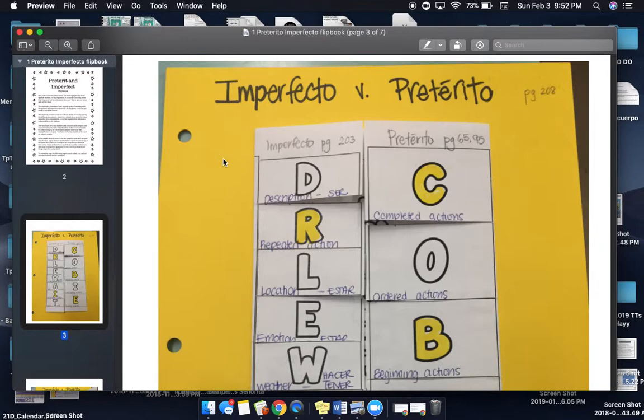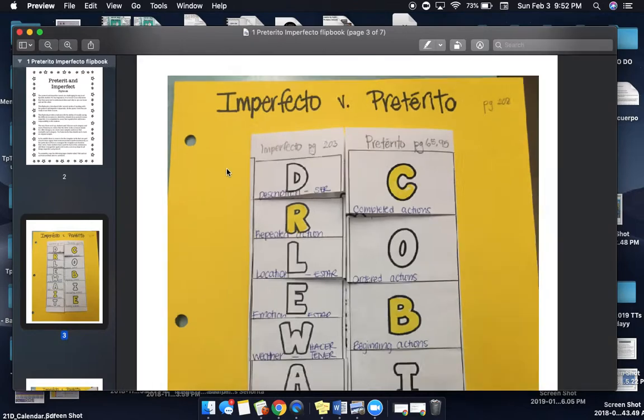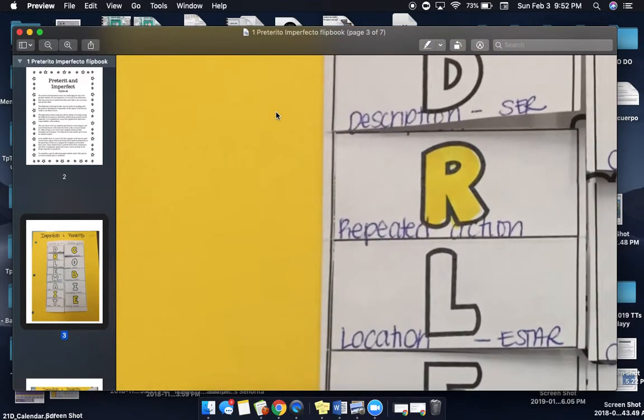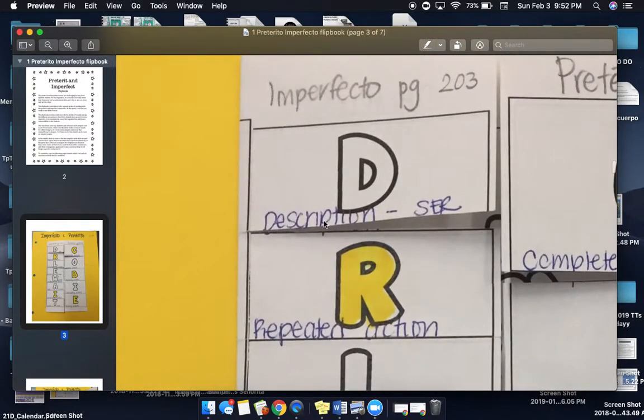So when do I use the imperfect? Here's some ways to remember how to use it, and that would be Dr. Luate. Dr. Luate is going to be very handy because D is for descriptions. So anything that we've talked about with the verb ser.